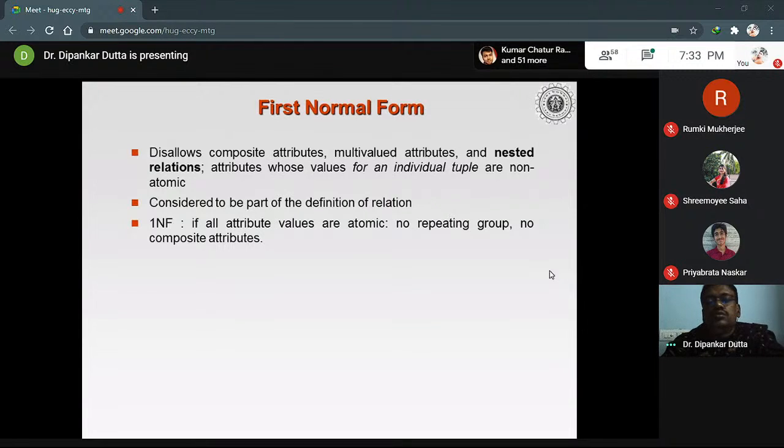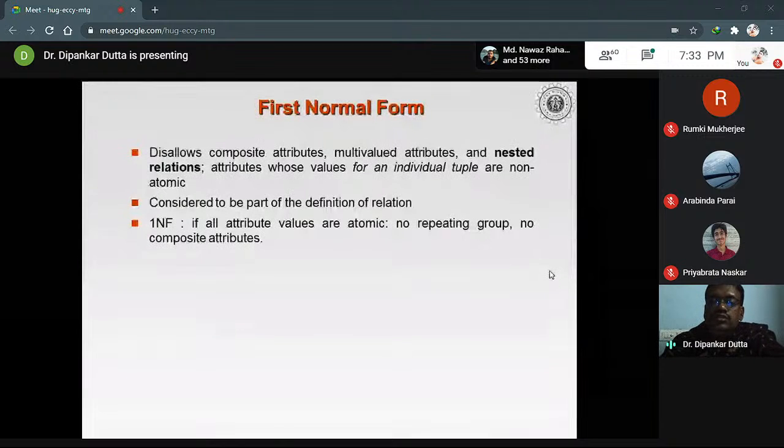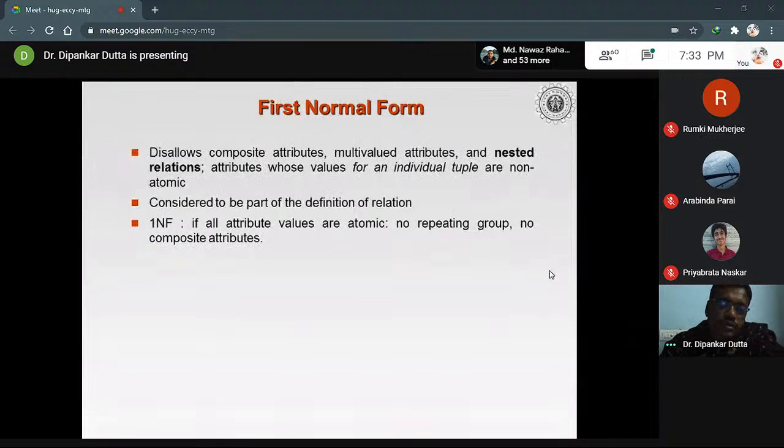Okay. So see here, in the case of the employee table, we put the first name in one attribute, the middle name in another attribute, and the last name in another attribute. But instead of doing so, we could put all these under one attribute, that is name. If you do that, then that relation is not in first normal form, because the values are not atomic.